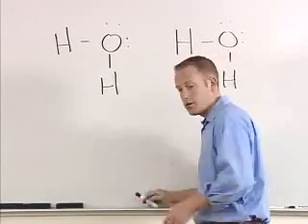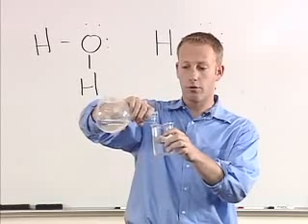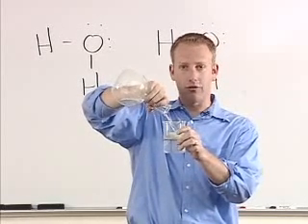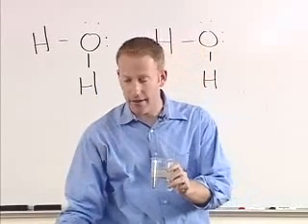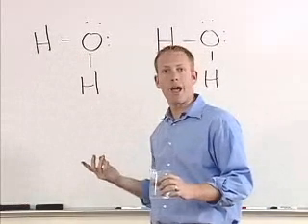Because when you have a cup of water, or a flask of water, or a beaker of water, what's happening here? You don't have one water molecule, right? You have many, many water molecules bonded together. Well, in each water molecule, there are polar covalent bonds.